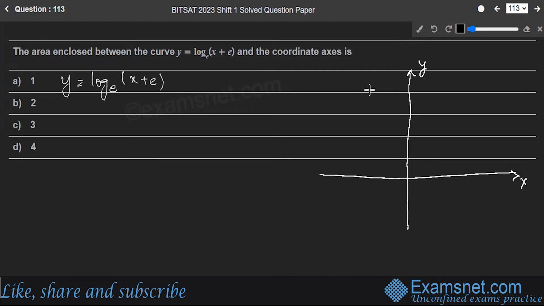The curve log(x plus e) looks something like this. It's passing through the point 0, 1, and here this point will be 1 minus e, 0. So the curve will look something like this.